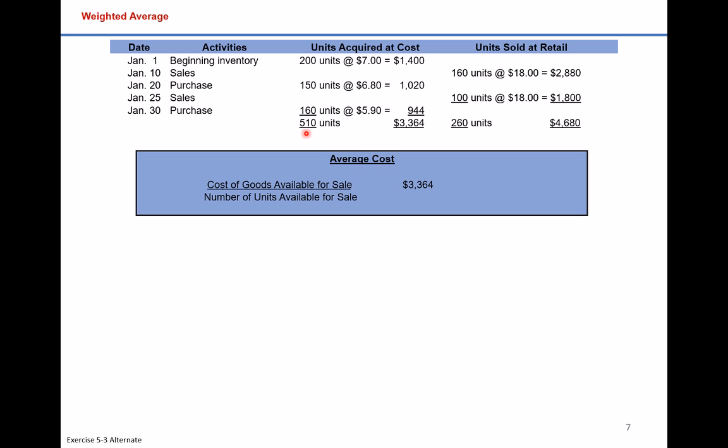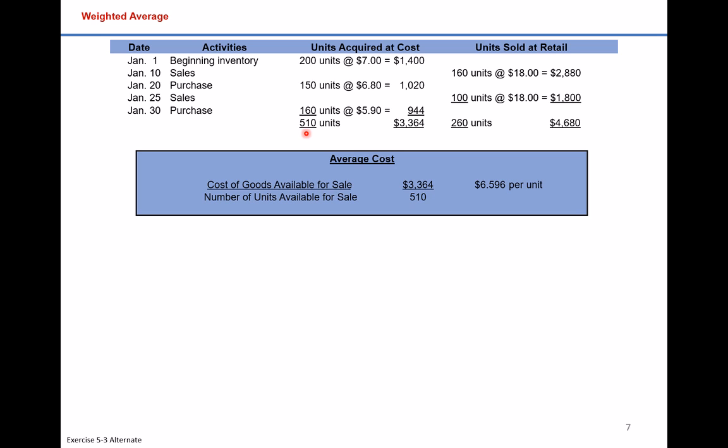So we take the 3,364, how much we paid for everything, divided by 510, all of the units that we have, and we come up with an average cost per unit. In this case, each of those units costs us on average $6.60. It rounds out a little bit further, $6.596, but we'll say about $6.60 is pretty close.